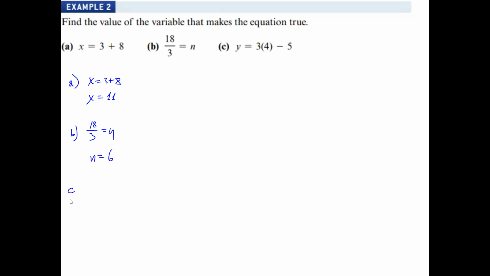C, y equals 3 times 4 minus 5. So what we do, we multiply first. 3 times 4 is 12, minus 5 is what? 7. Okay, good? Pretty straightforward. We did this before. Okay, go for 1, 2, 3, do it.